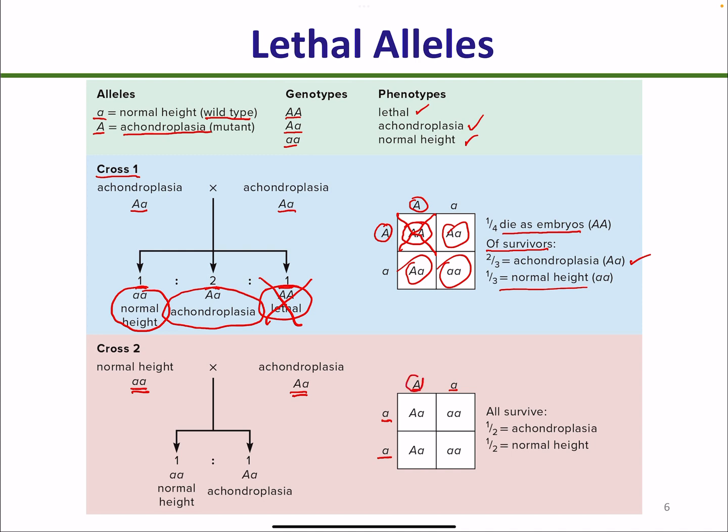so that with capital A fertilizing this egg and this egg, we are going to have heterozygous here and heterozygous here. And these 2 individuals are going to develop achondroplasia, while the recessive allele here, when crossing other recessive alleles, is going to produce individuals who are homozygous recessive, which are normal.